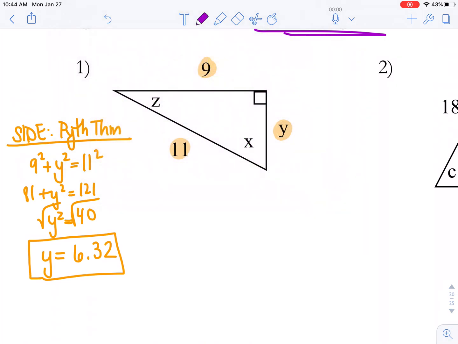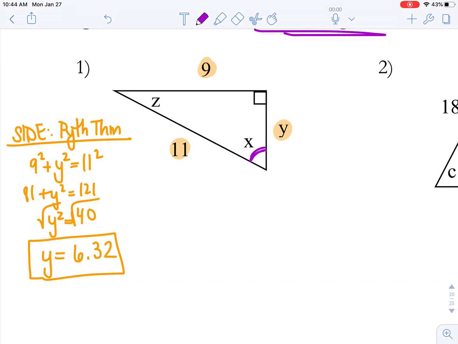All right, now we have to solve for the missing angles. Now, we have x and z. It does not matter which one you solve for first. I'll do alphabetical order and solve for x first. So I'm going to focus in on my angle x and then label the sides that they've given me. So I'm not going to use y in this case.